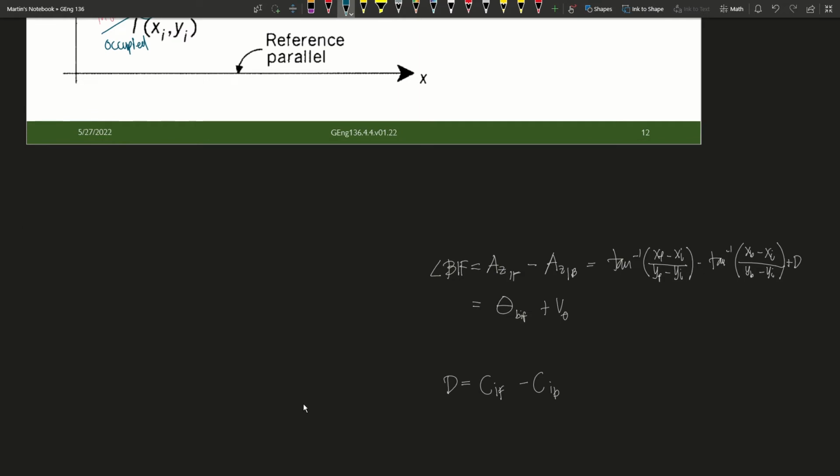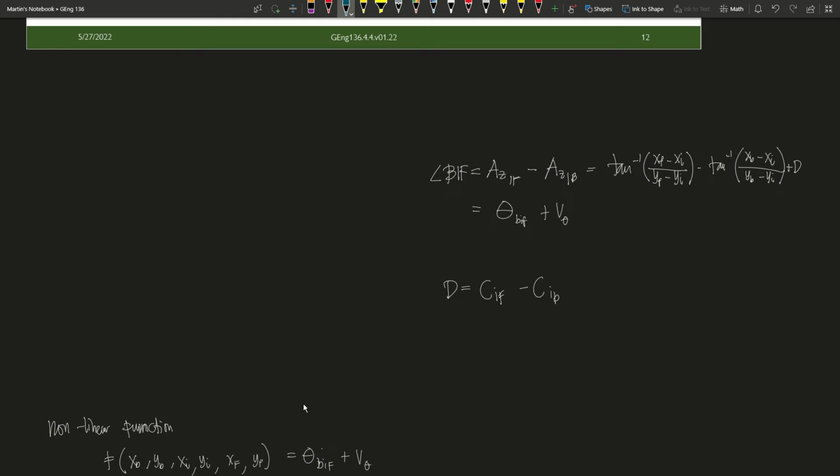Now, your angle BIF, or let's say theta, is equal to azimuth IF minus azimuth IB, which is equal to this equation. And D here is the difference between their constants, as previously defined.